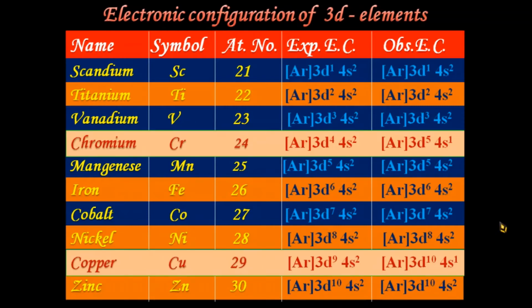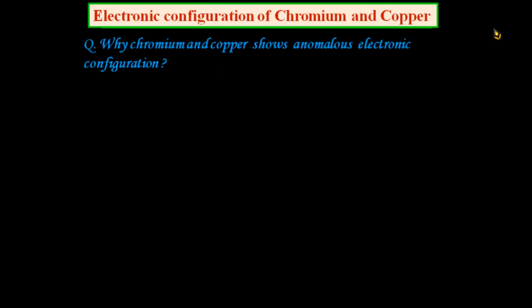Here we discuss why they show anomalous electronic configuration, under the heading exceptional electronic configuration of the 3d series, or electronic configuration of chromium and copper.